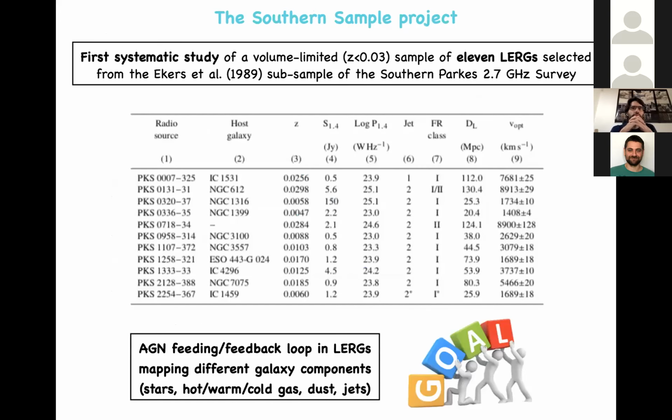For this reason, we started this project, the Southern Sample Project, consisting of the first systematic study of a volume-limited sample of 11 LERGs in the southern sky, and the 11 targets are listed in this table. Our main aim was to carry out a detailed investigation of the AGN feedback loop, mapping different galaxy components.